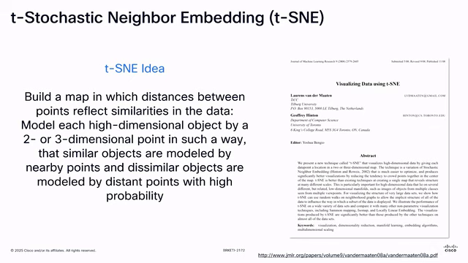What does that mean? If I have 2 points that are very far away in high dimensional space, they will be very far away in my map. And if I have something that is very close in high dimensional space, they will be very close in my 2D mapping. The distance between these doesn't really mean much.